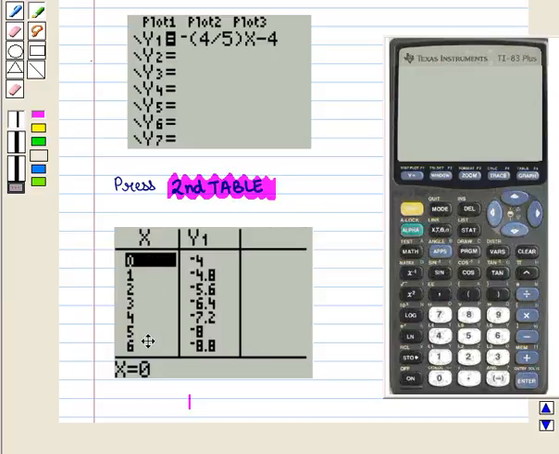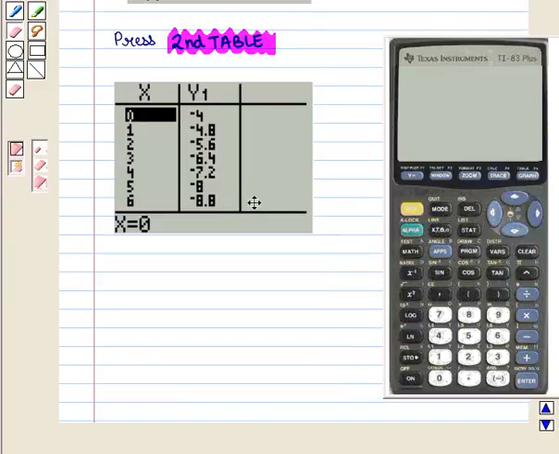Now we see that the values of x start from 0, then 1, 2, 3 and so on. That is, the values have an increment of 1. Also, the corresponding y values are displayed automatically. To see more values, we will just scroll down.